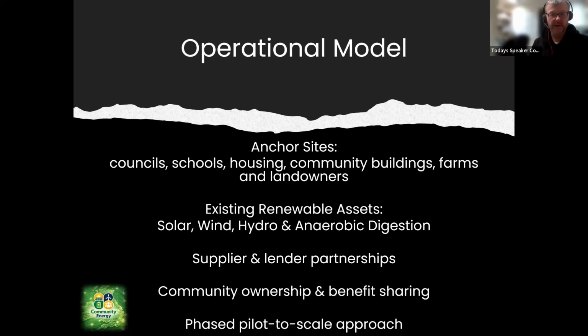When you do set one of these community companies up, very often you need to figure out what you're going to do if there's any profit from it, any excess revenue. As I say, some communities will choose to reinvest that in doing more projects, and others will choose to put it into other things that the community decide is important. Biodiversity is very common these days.